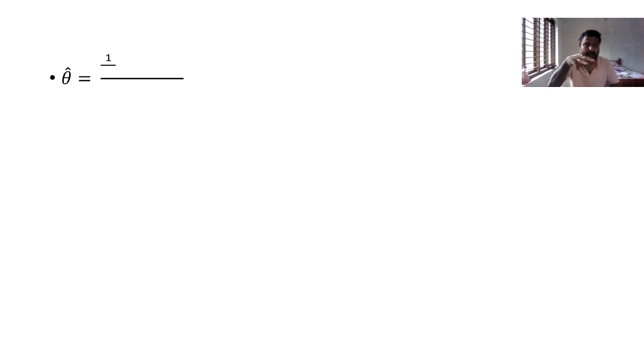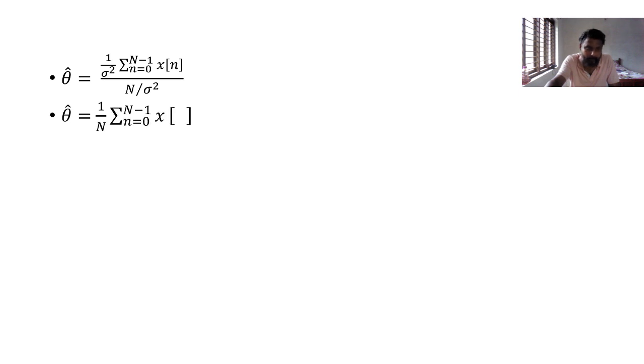So now theta cap is nothing but 1 by sigma square, sigma n equal to 0 to n minus 1, x of n, divided by n by sigma square. Sigma square and sigma square get cancelled. It is nothing but 1 by n into sigma n equal to 0 to n minus 1, x of n.